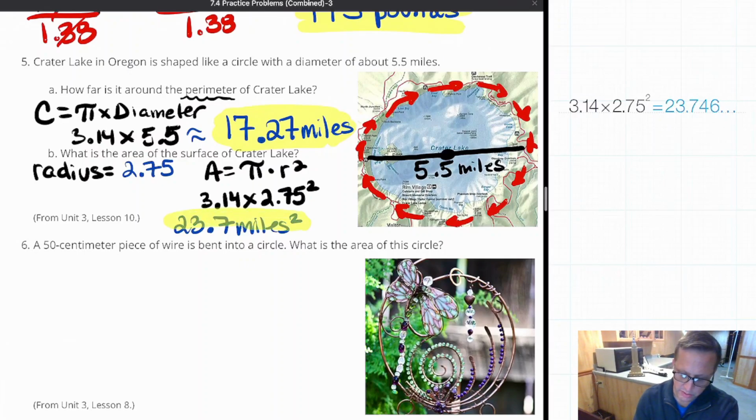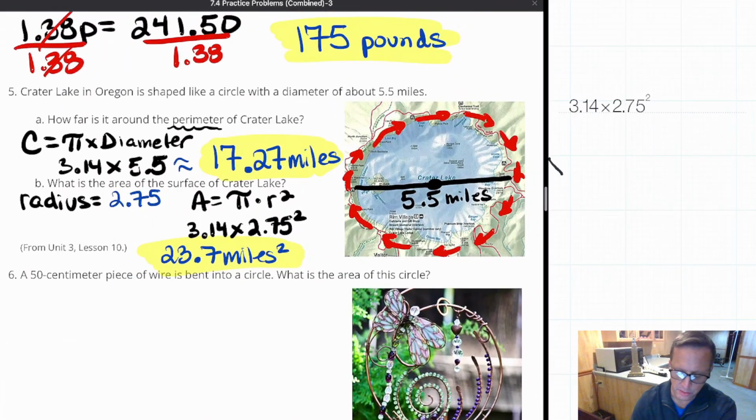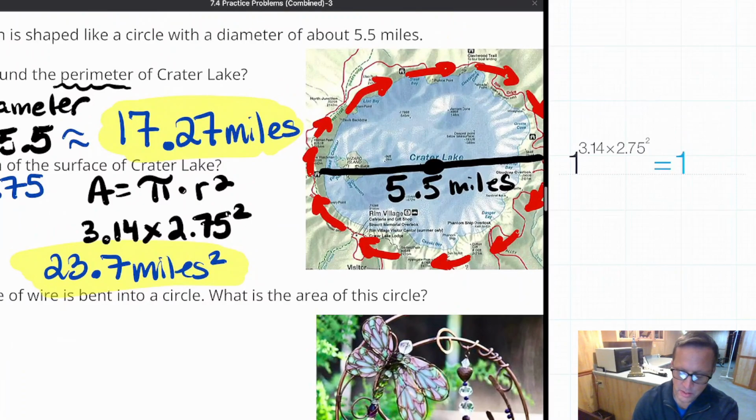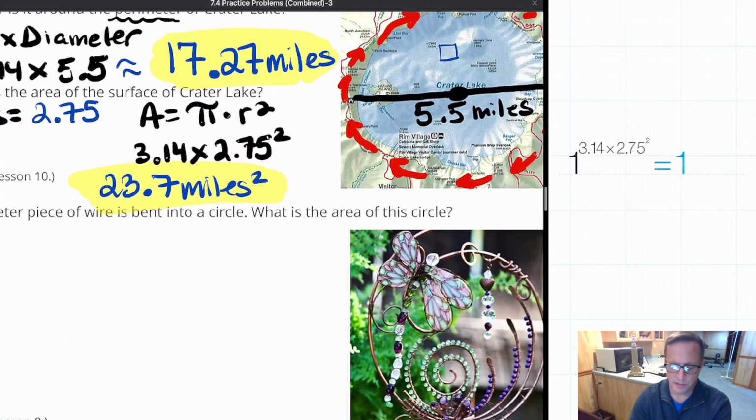That is the area of that lake. I'm probably not going to do this very good justice, but if you have a square that's 1 mile by 1 mile, we can lay almost 24 of those square miles on top of that, if that makes any sense to you.